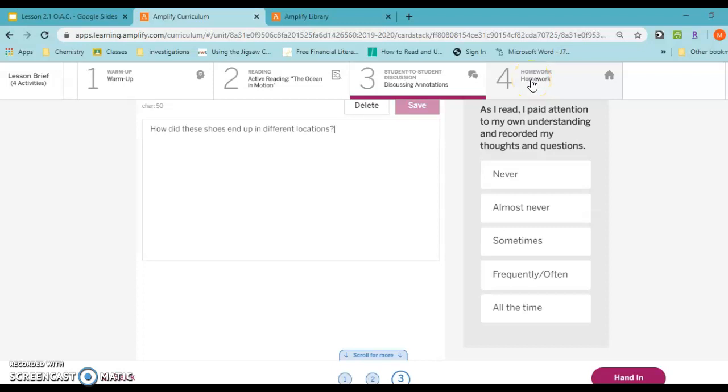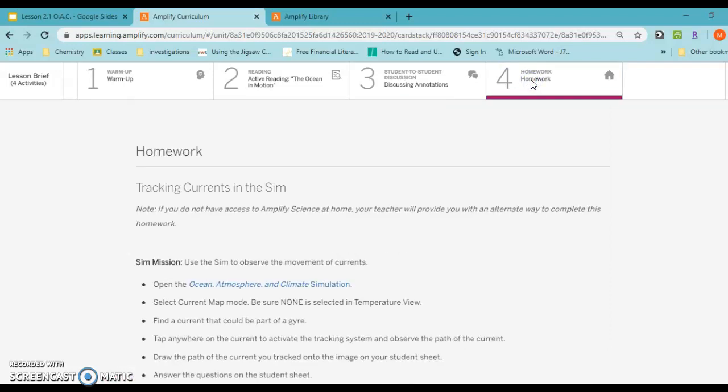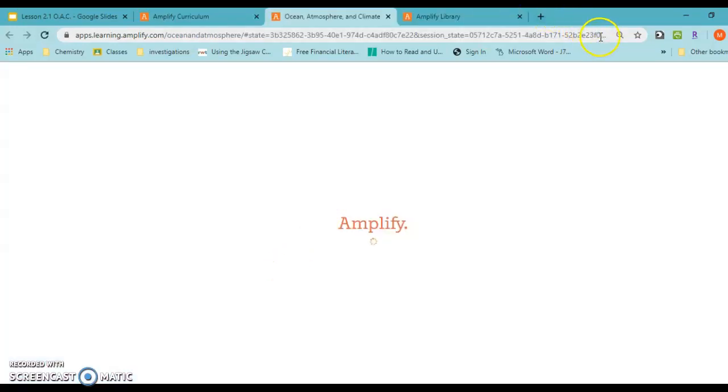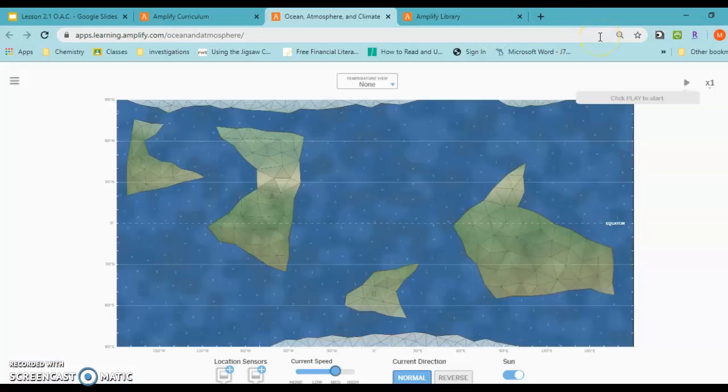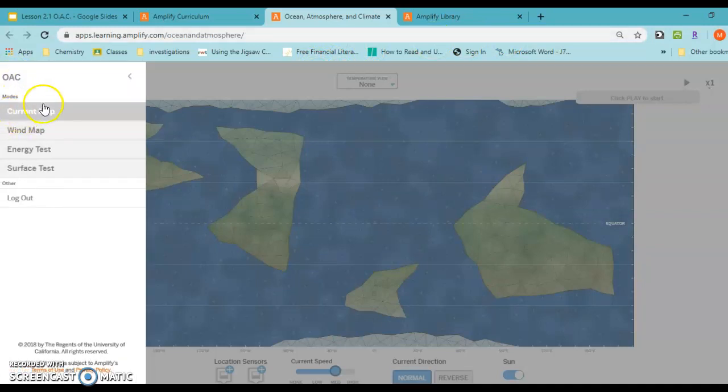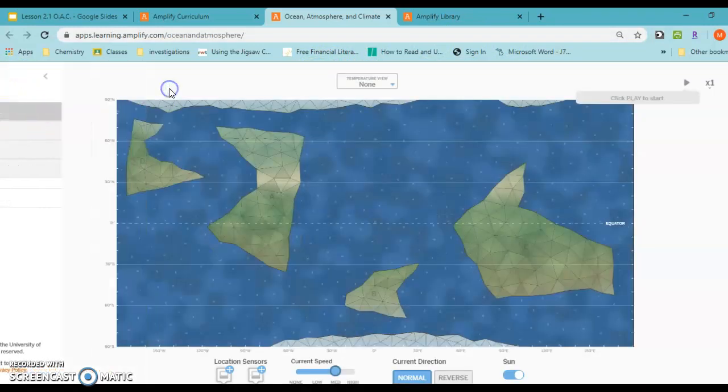So the last thing I want to cover before we leave here is what your homework is for today. So we're going to open the oceans, atmospheres, and climate simulation. And we're going to make sure that we're in current map mode. So our mode is current map. And we want our temperature view to be none. So we're right at the right speed.